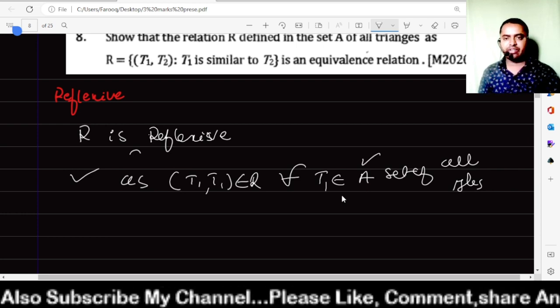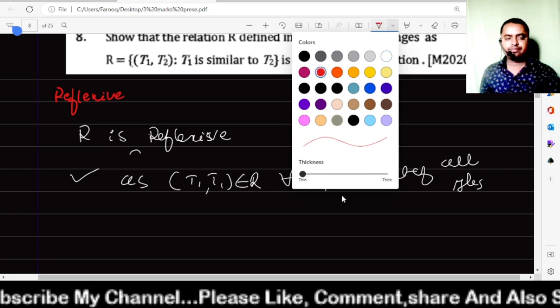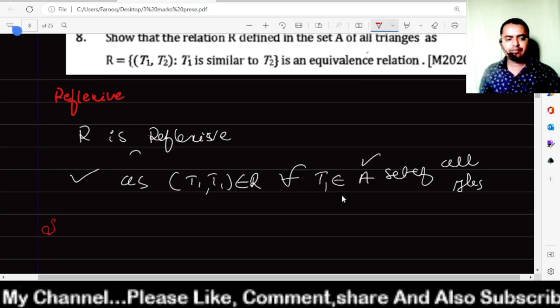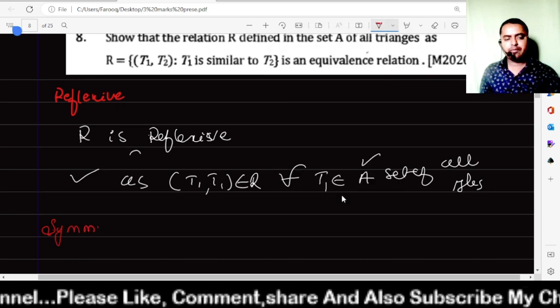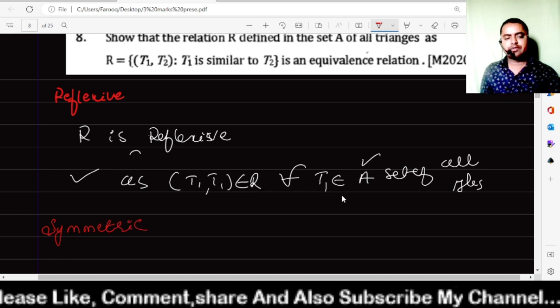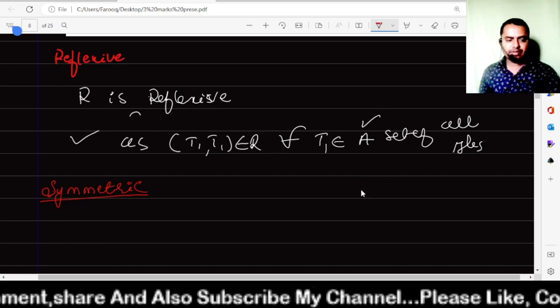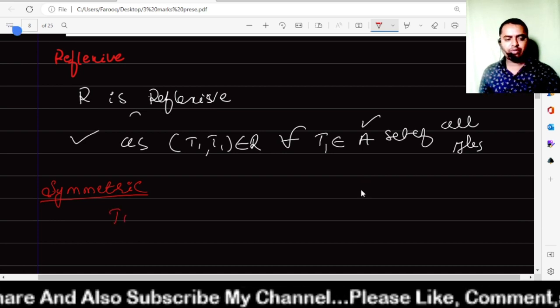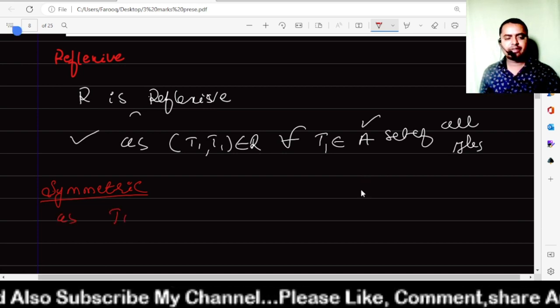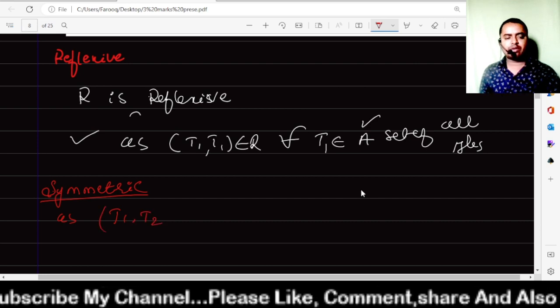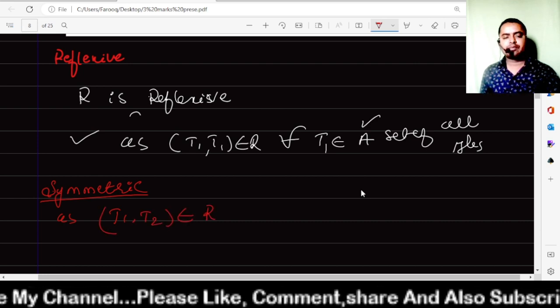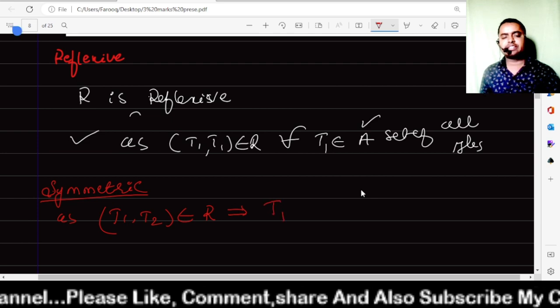And symmetric. For symmetric, T1 comma T2 belongs to R, it means T1 is similar to T2.